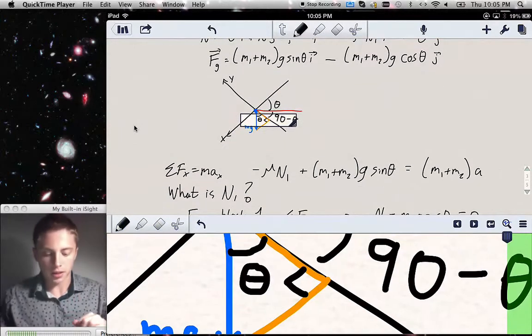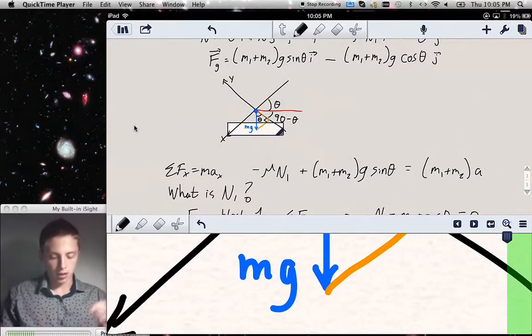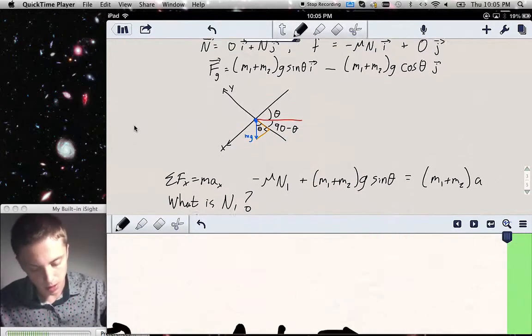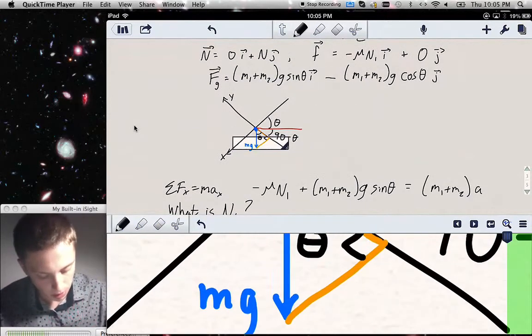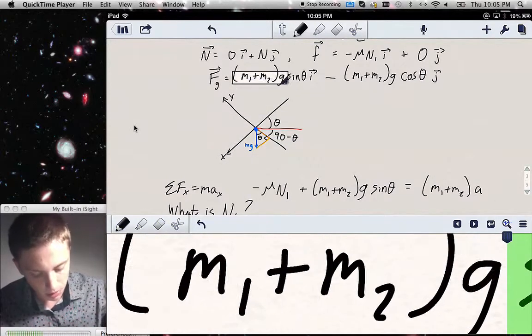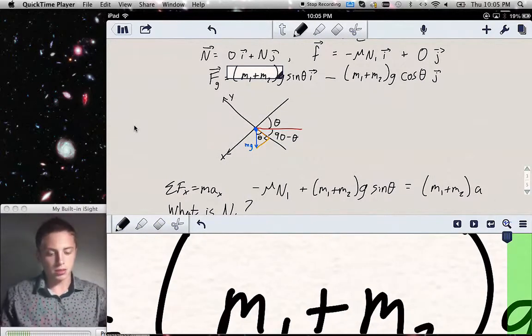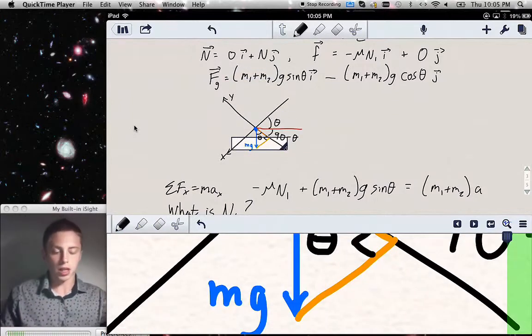We know this angle is theta. We know the hypotenuse has a length of mg, so using trigonometry, the x component, or the component parallel to the x-axis, is equal to (m1 plus m2) g sine theta. Notice here that little m is equal to m1 plus m2.